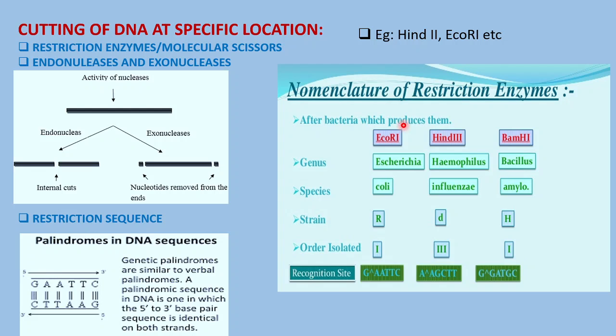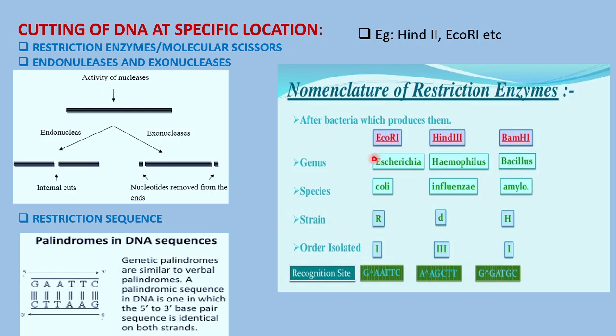How are they named? After the bacteria which produce them. Because restriction enzymes, as I already mentioned, are produced by bacteria. Depending upon which bacteria is producing, it will be named. So here, genus Escherichia, that means Escherichia coli, is producing a particular type of restriction enzyme that we have extracted. From the genus, E has been taken. You can see here the name of the enzyme is EcoRI.